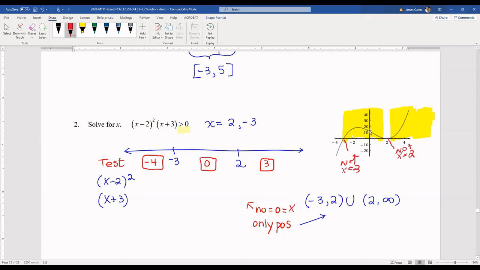It stays above all the way to 2, but the 2 is not included because it's on the 0 line. And we union that with starting at 2, not on the line, and everything above. So in other words, these are the ranges of X values that are greater than 0.